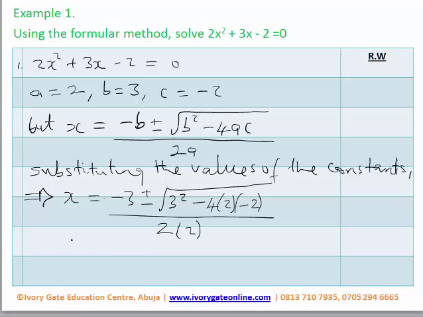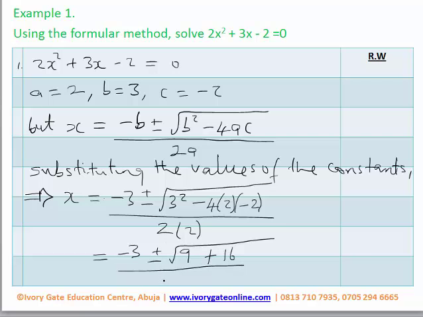So okay, then simplifying this further, we have minus 3 plus or minus square root of 3 squared is 9, then multiplying this, minus 4 times 2 is minus 8, then minus 8 times minus 2 is plus 16. Do well to know the sign.